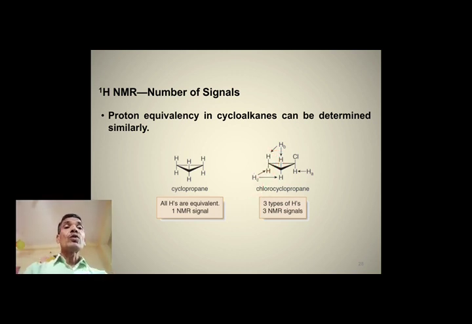Therefore, chlorocyclopropane shows 3 sets of equivalent protons and it gives 3 NMR signals.